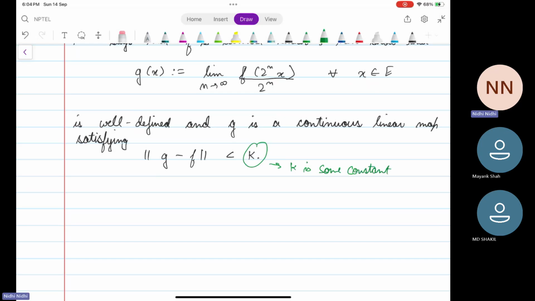Since f and g are two continuous functions, this norm is the norm on the space of continuous functions, that is the sup norm.